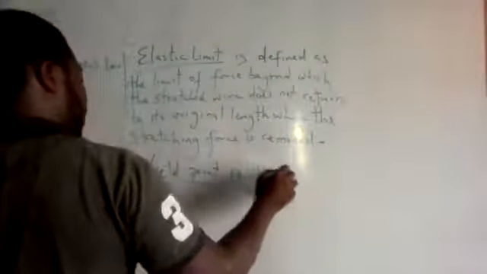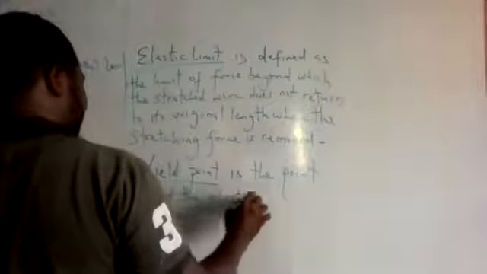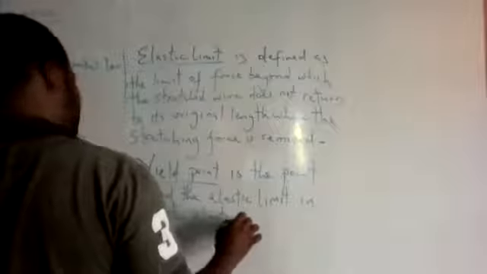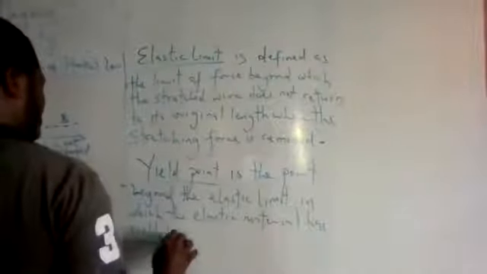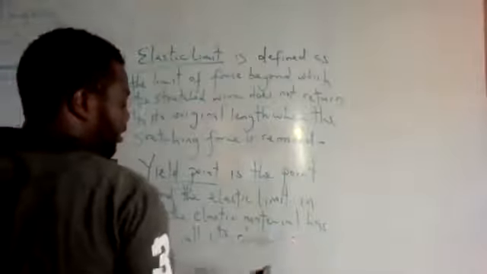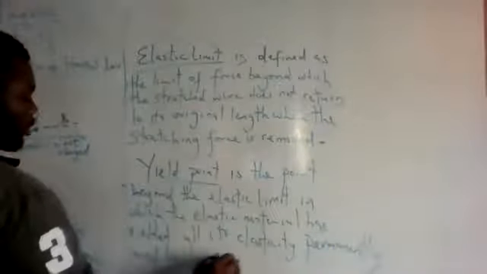It is the point beyond the elastic limit in which the elastic material has yielded its elasticity permanently and has become plastic. At the point where an elastic material loses all of its elastic property, it becomes plastic.